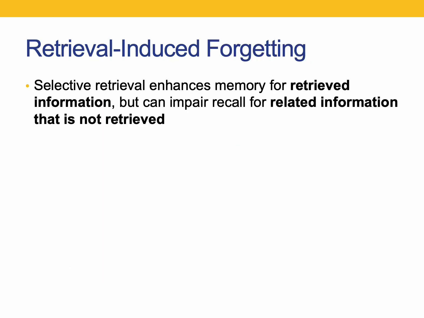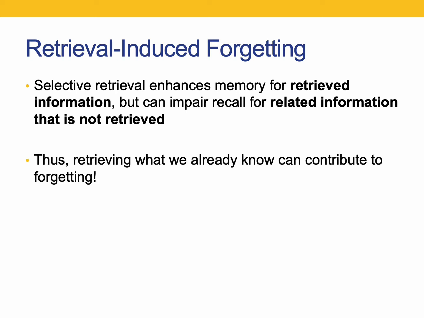So what does this suggest? It means that retrieval in memory enhances memory for retrieved information, but it can impair recall for related information that's not retrieved. So therefore, retrieving what we already know can actually contribute to forgetting.